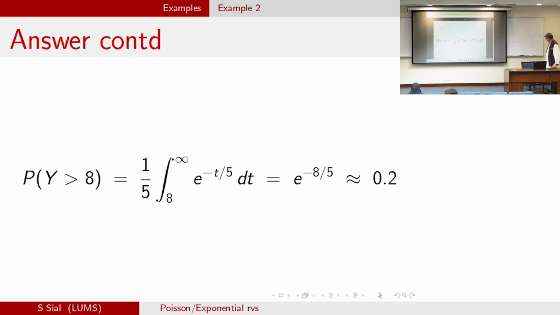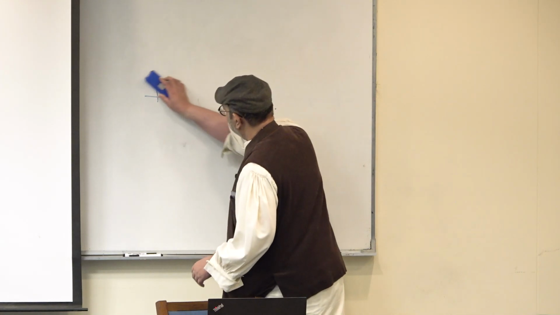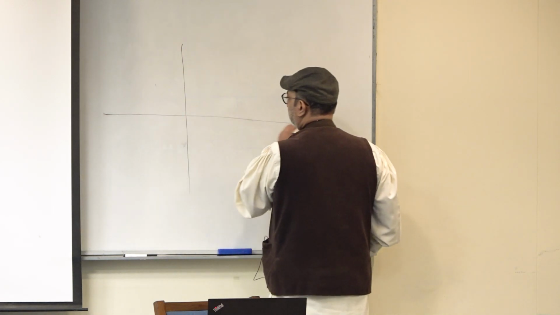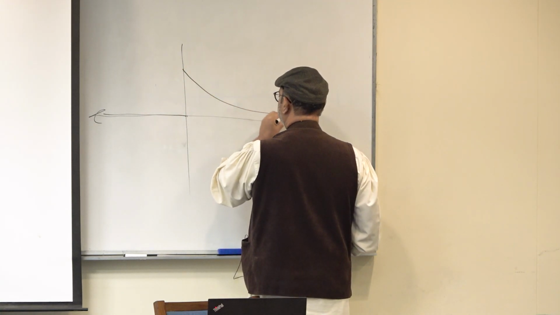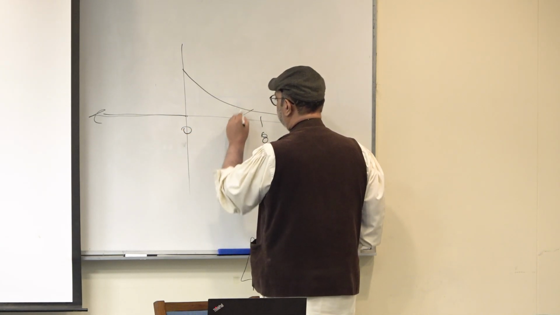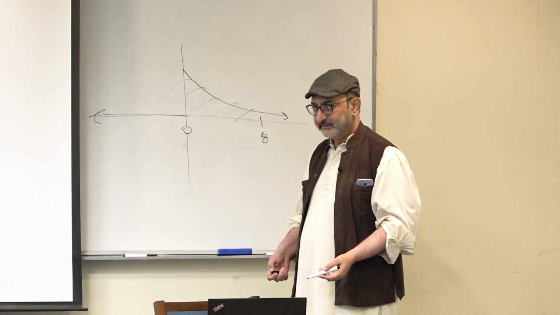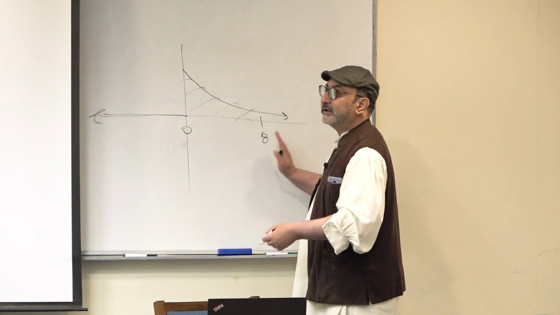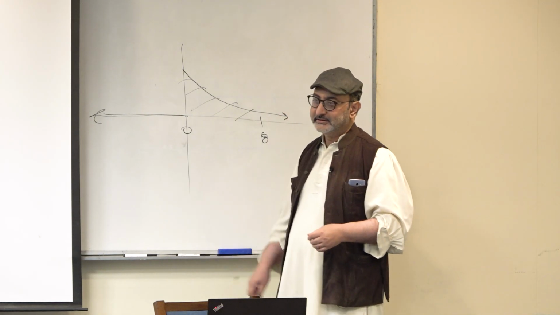What does the PDF look like? The PDF is 0 over here, and then it's dropping off exponentially like this. So we could integrate from 0 to 8, find the area under the curve, and then take 1 minus that to find the area from 8 to infinity, or we can do the integral from 8 to infinity, remembering that it is an improper integral.